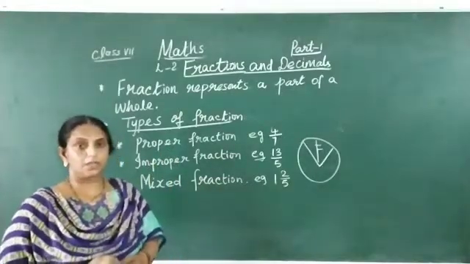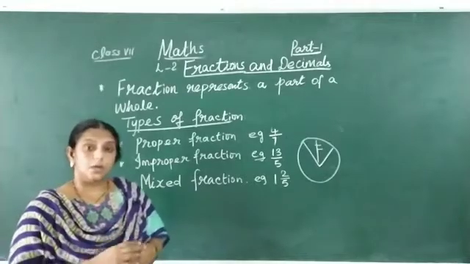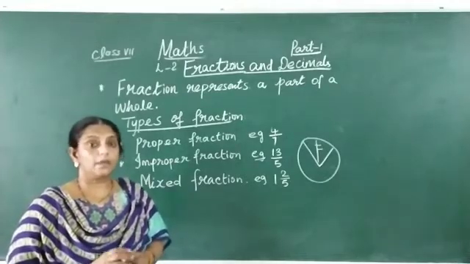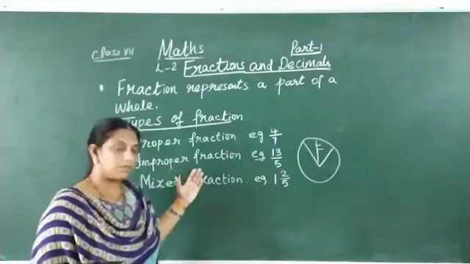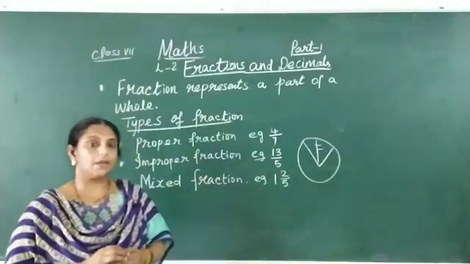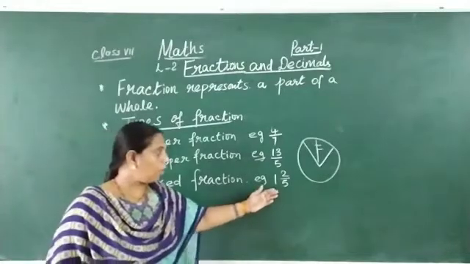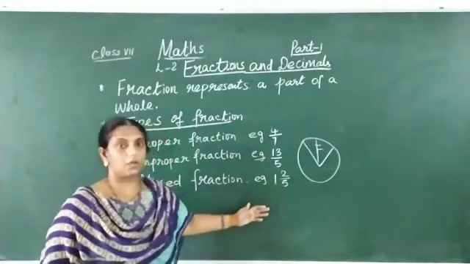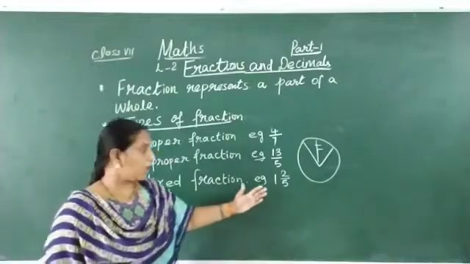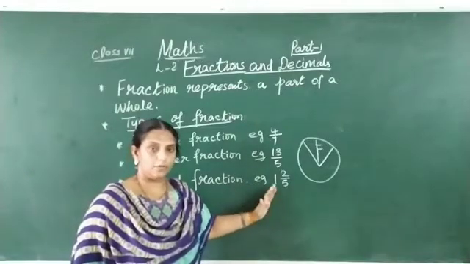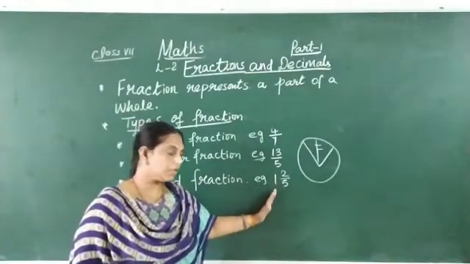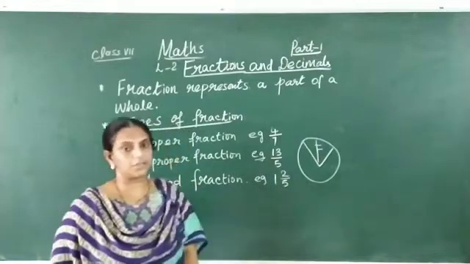Proper fractions are fractions whose denominator is more than the numerator. In improper fractions, the numerator is bigger than the denominator. A mixed fraction has one whole number along with a fraction, or otherwise we can say an integer, for example 1 2 by 5. One is the whole number or integer part and 2 by 5 is the fractional part.